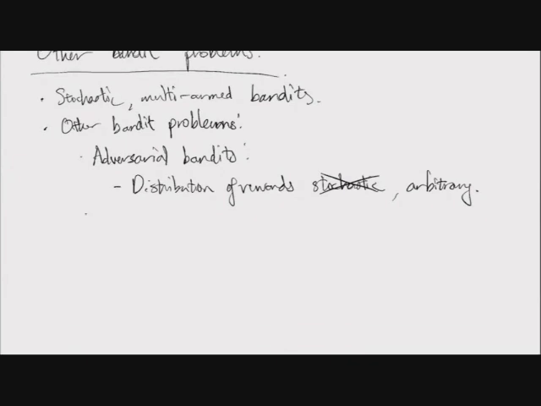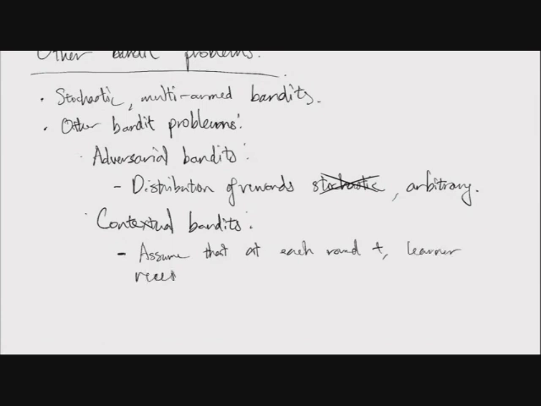Moving on from adversarial bandits and returning a little bit to the stochastic world, here we have a topic called contextual bandits. In contextual bandits, we put some additional assumptions into our environment: in each round t, the learner receives some side information.